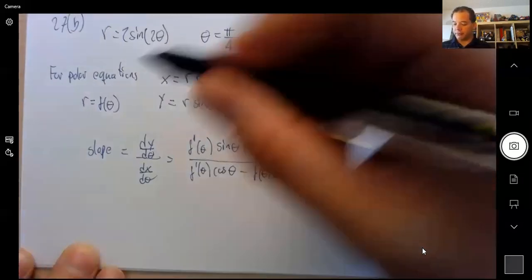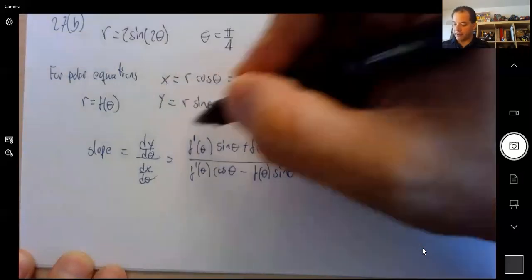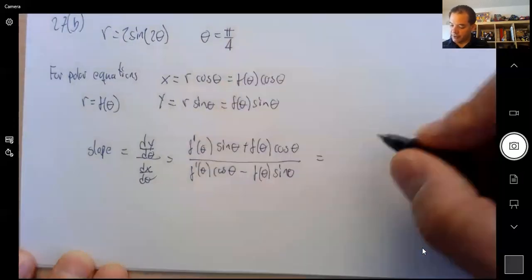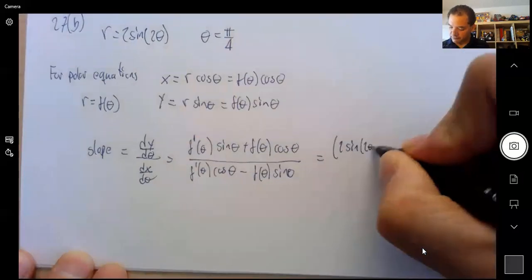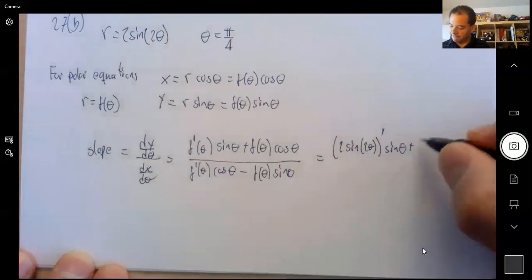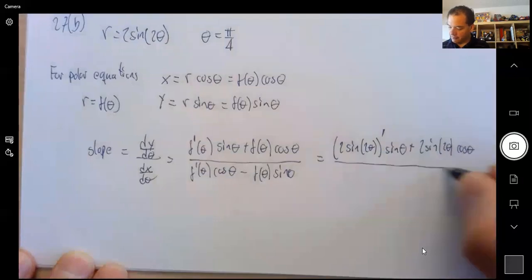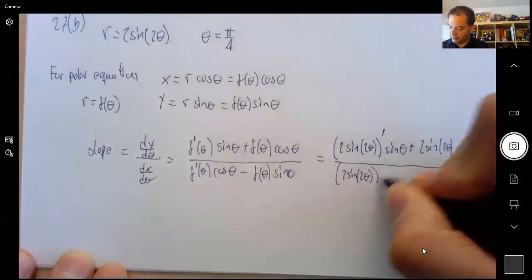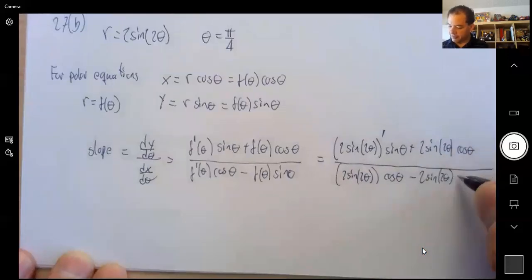In this particular problem, the function is 2 sine 2 theta. So you just need to calculate everything here. The derivative of 2 sine 2 theta times sine theta plus 2 sine 2 theta times cosine theta, divided by the derivative of 2 sine 2 theta times cosine minus 2 sine 2 theta times sine.